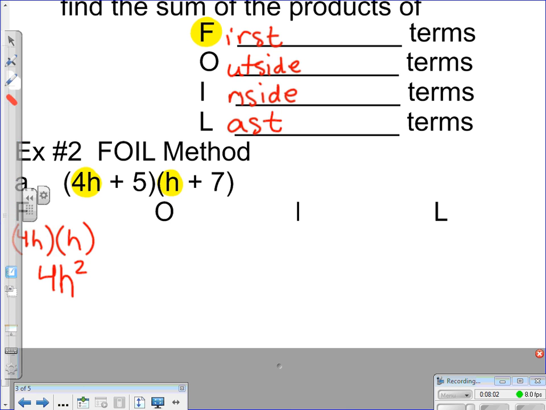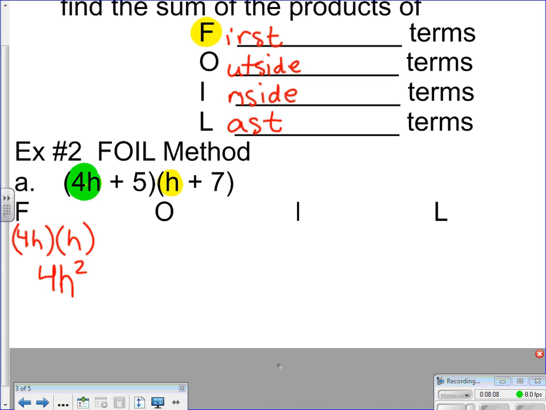The outside is the two numbers furthest out. And the furthest out is the 4h and the 7. They're on the outside of this problem. So I'm going to multiply a 4h and a 7. 4h times 7 is a 28h, positive.